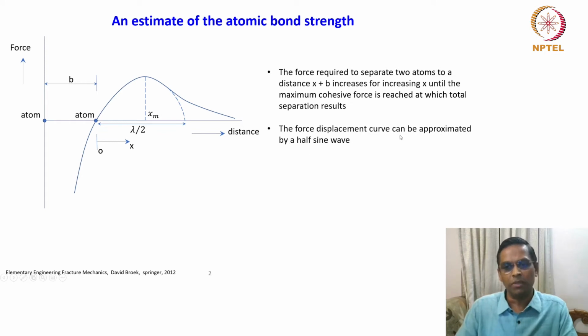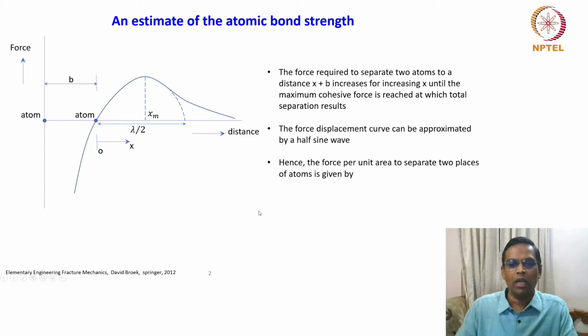The force-displacement curve can be approximated by a half sine wave, as shown here. Hence, the force per unit area to separate two planes of atoms is given by sigma equals sigma i sine 2 pi x by lambda.